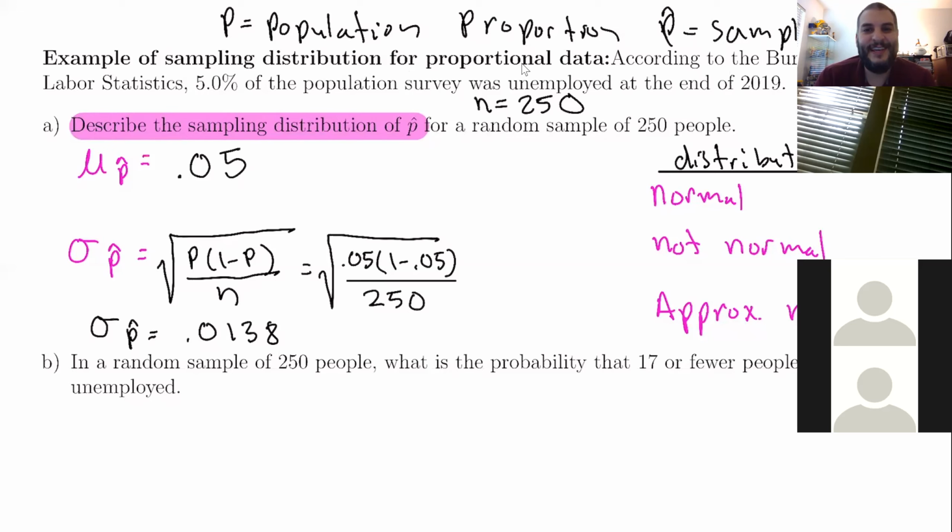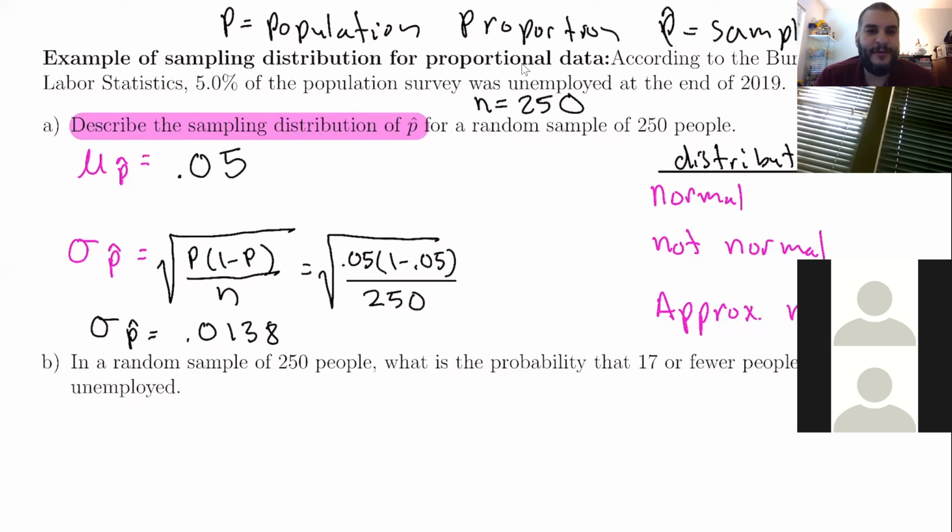Now we want to see what type of distribution we are dealing with. Are we dealing with a distribution that's normal, non-normal, or is it approximately normal? So first thing I want to do, I want to check the problem and see, do they ever tell us that the population survey for unemployment is normal?